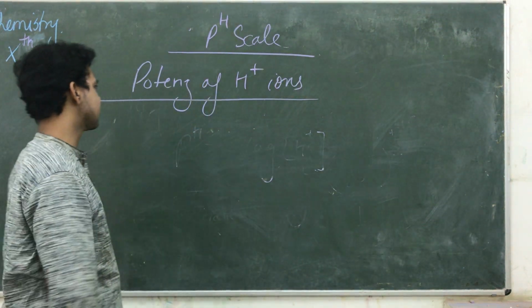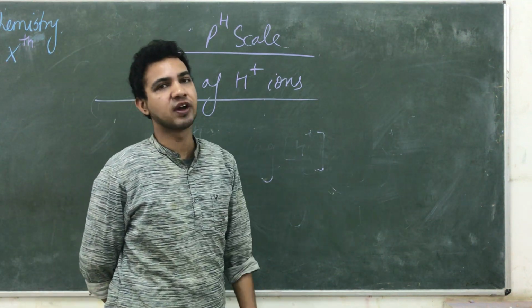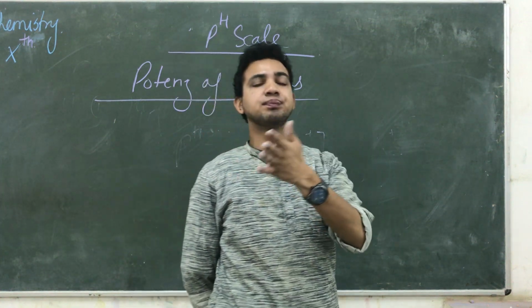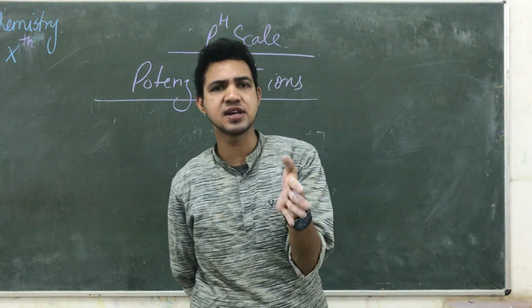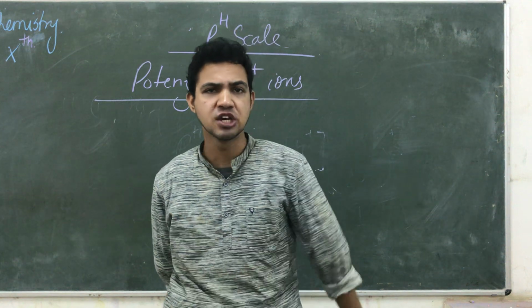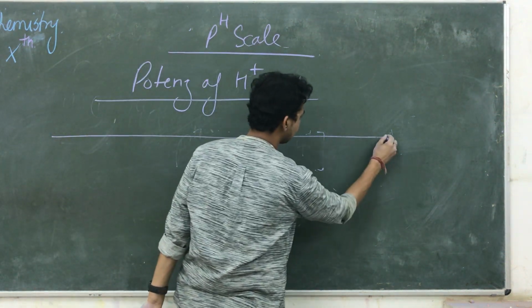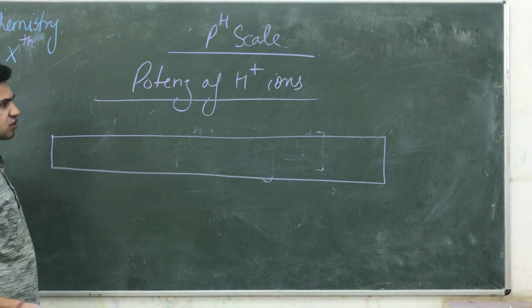The pH scale identifies the nature of the acid and base. On the basis of this concentration, we are classifying acids and bases: highly acidic, less acidic, strong acidic, weak acidic, strong base, weak base. So the pH scale gives you a criteria, and on the basis of this criteria we identify the concentrations of the pH.